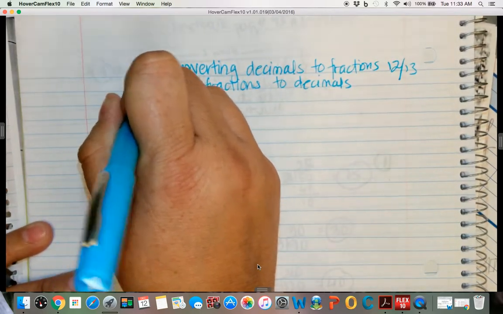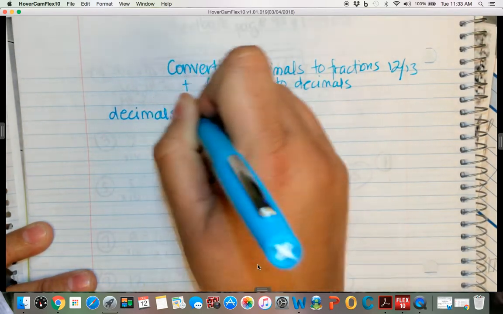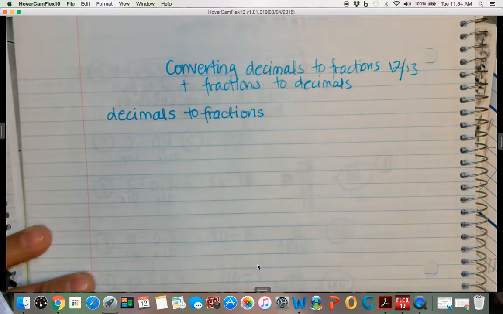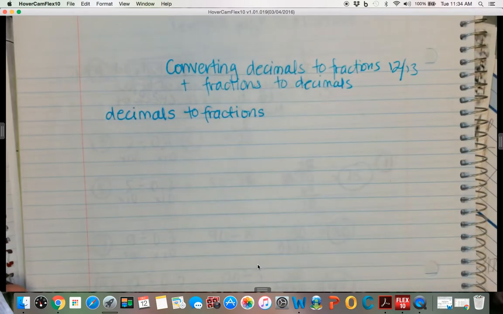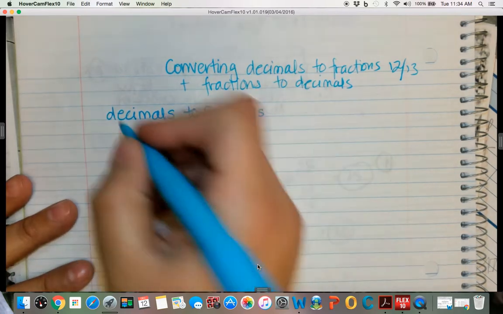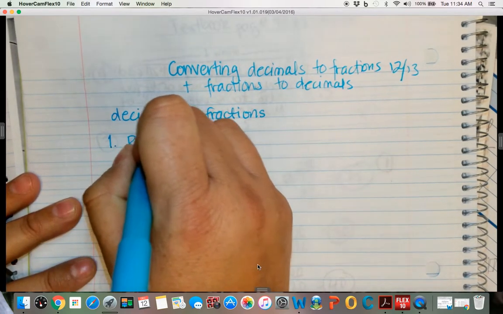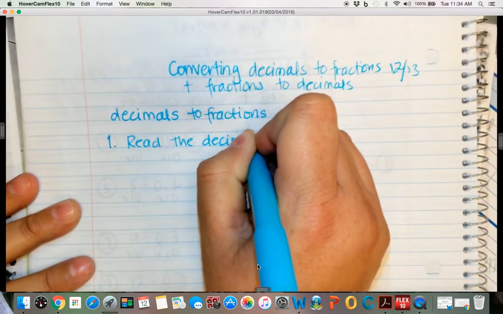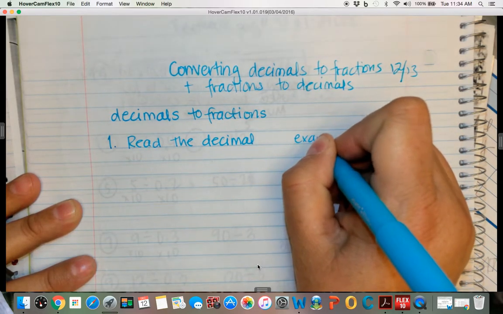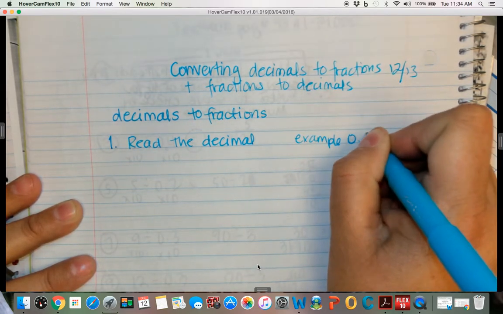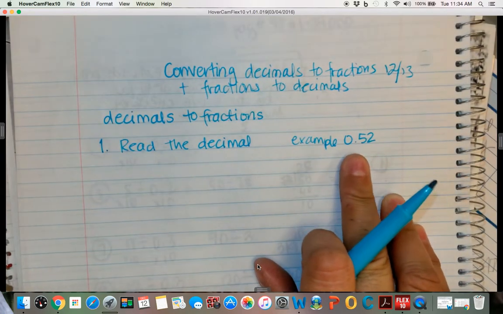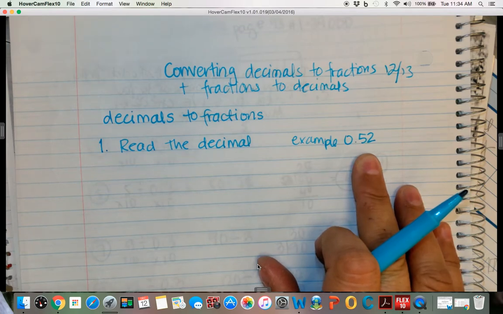And there are a few different ways to do it. We'll start with the easiest way, when we can simplify. So the first step is to read the decimal in the proper way. And what that means is you are reading it not as 0.52, but as 52 hundredths.